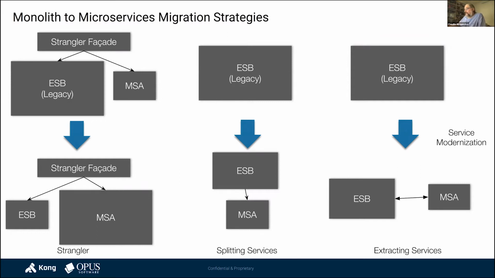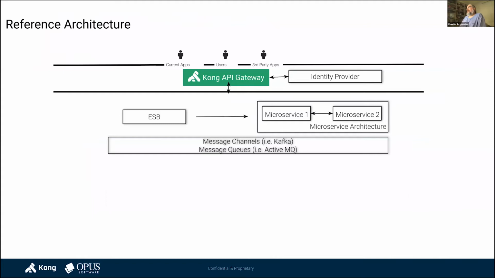Regardless of the strategy you take, eventually, talking about implementation this time, you're going to have an architecture like this, or even a simpler one. So you have the API gateway, and I'm using the Kong API gateway this time, just as an example implementation.